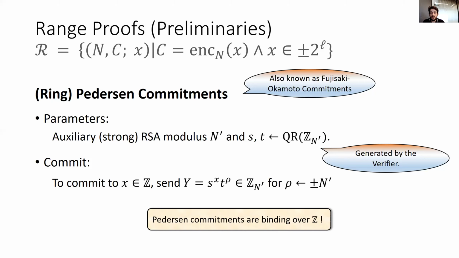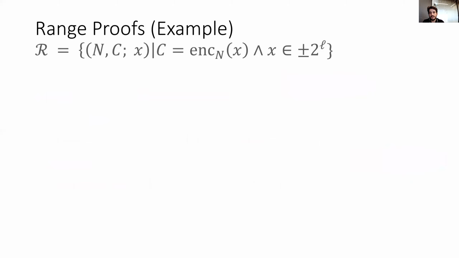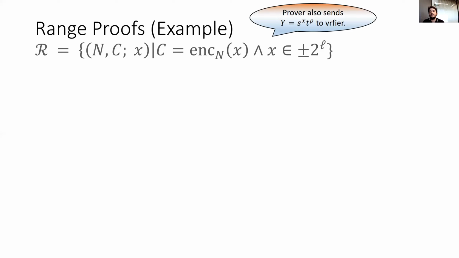Okay, so now that I've told you about Pedersen commitments, let me describe the protocol for relation R. It's a sigma protocol, a 3-move protocol. The prover claims that Paillier ciphertext C hides a small value which we denote by x. Further assume that the prover sent a Pedersen commitment to x to the verifier. So the protocol proceeds as follows.